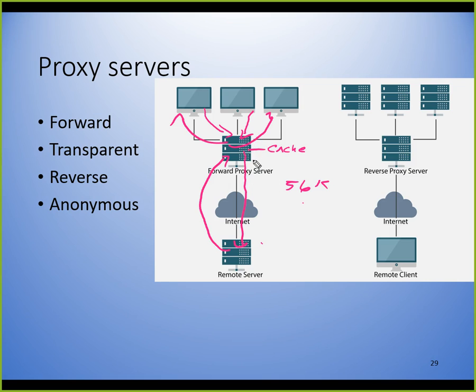So not only can we restrict where they go, we can check for viruses on them. There's a number of things we can do. They also will cache information for us, and this would be a forward proxy. The difference between a forward, I'll call it an overt, and a transparent.